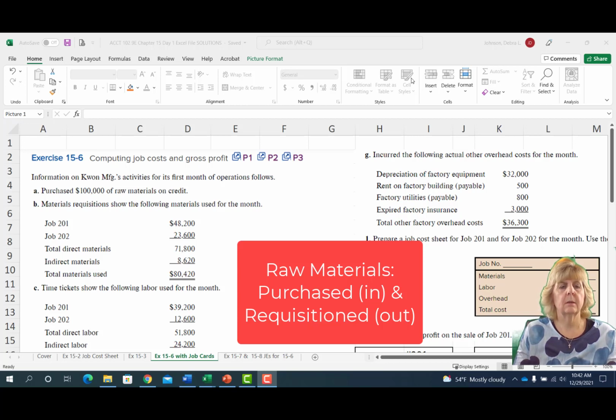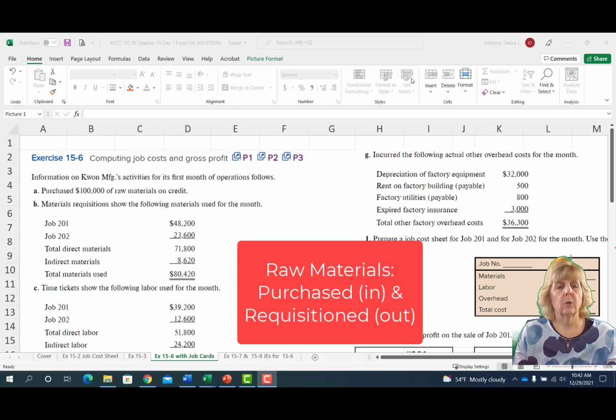Okay, stop. What does that mean? Material requisitions means that materials are coming out of raw materials and going to one of 2 places. If they are charged to a direct job, they will come out of the materials account and be charged to WIP.